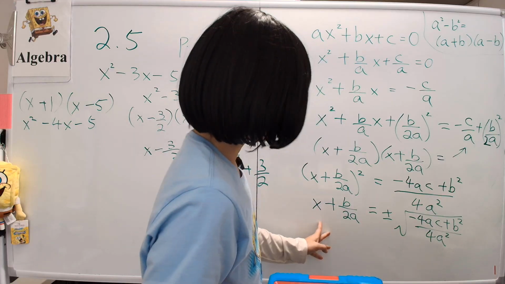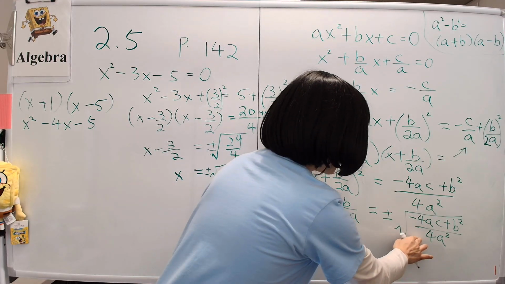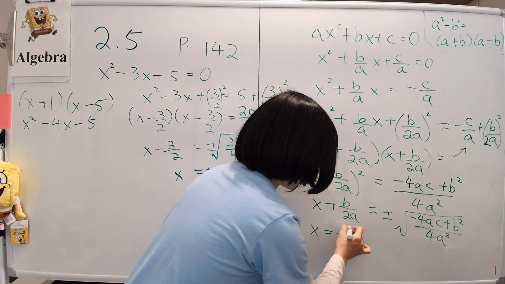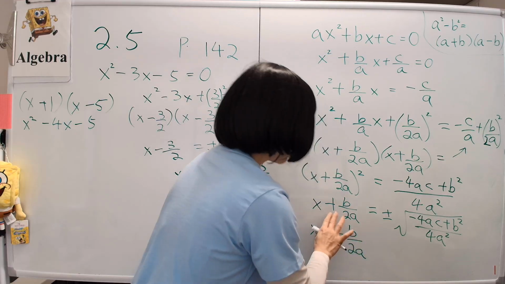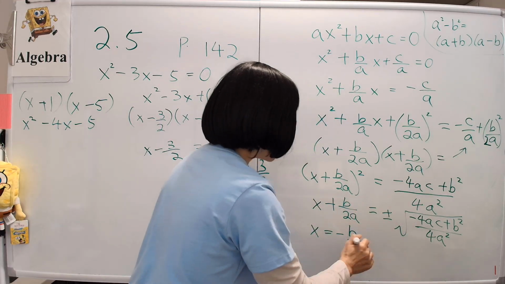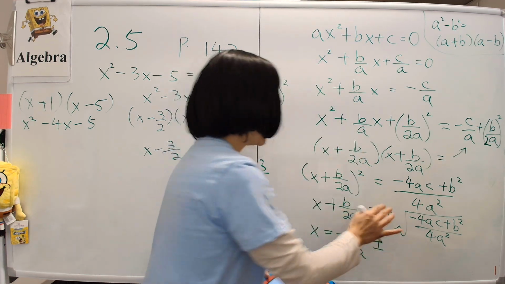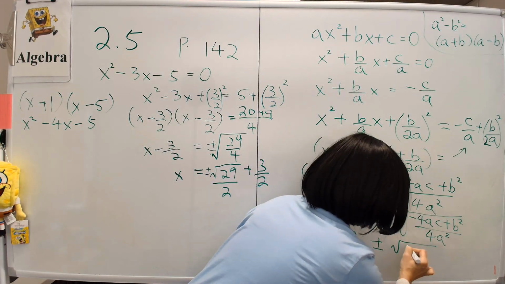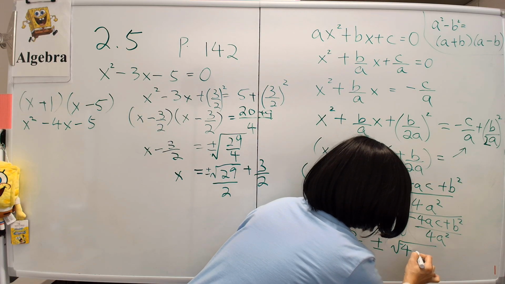And so eventually we can simplify this into x equal to negative b divided by 2a. We put the b over 2a to the other side, and then plus or minus, remember that means either one, plus or minus the square root of, don't forget that negative, 4ac.